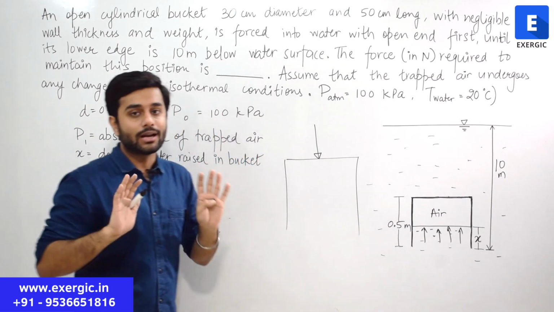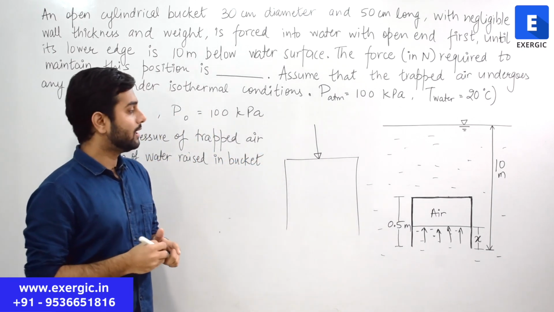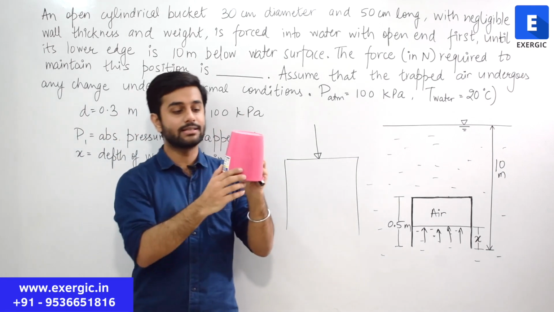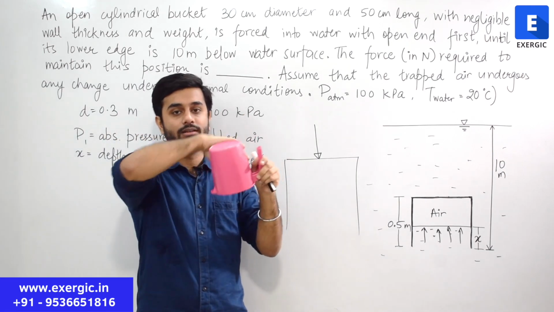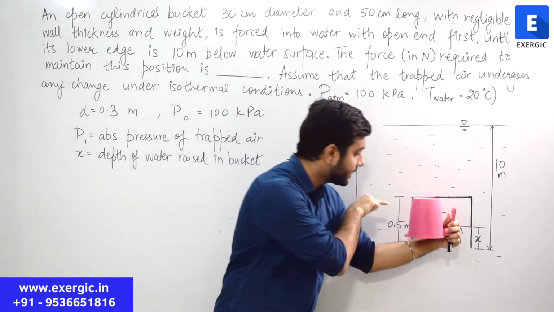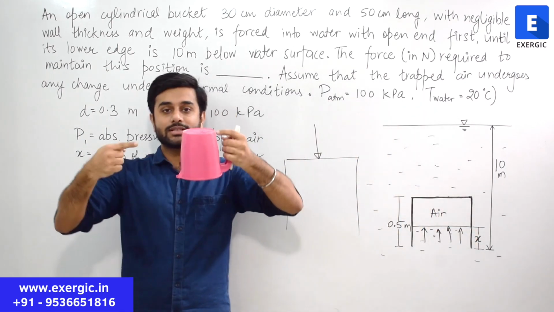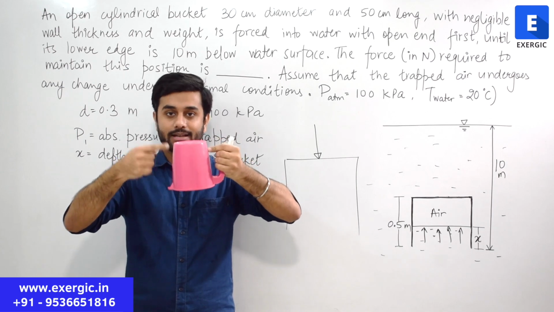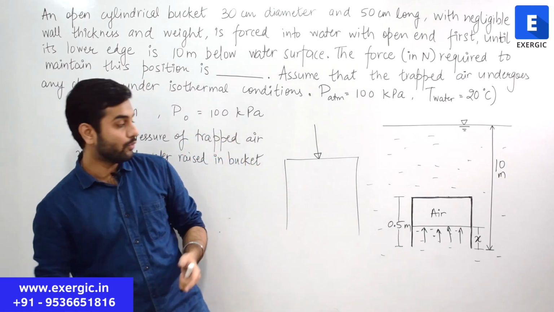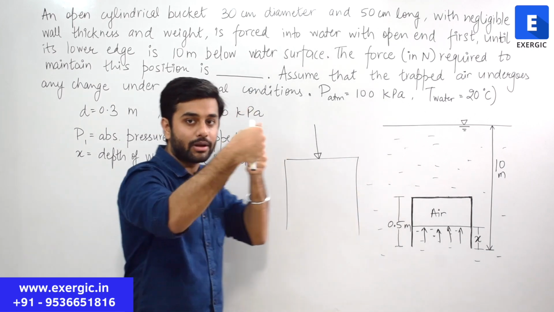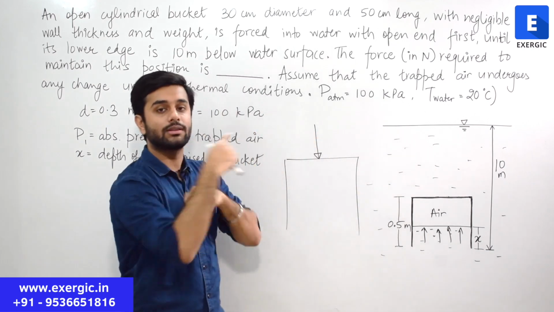Now tell me, what are the different forces that will act? Let us first consider the curved surface of the bucket. Whatever force is acting from here or from here by the liquid, both forces are acting in opposite directions, right? They will cancel out each other. Whatever force acts from here, the same will act from here. And this will happen around the periphery, on all sides.